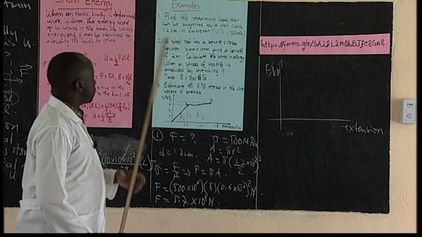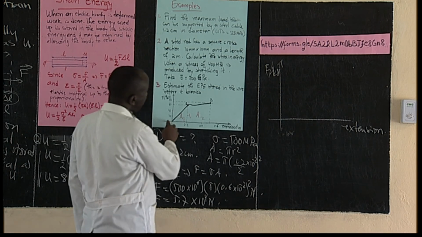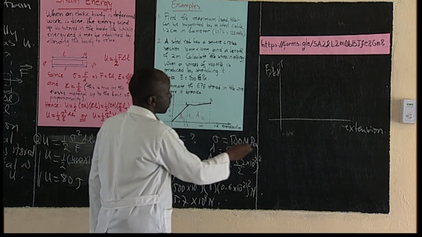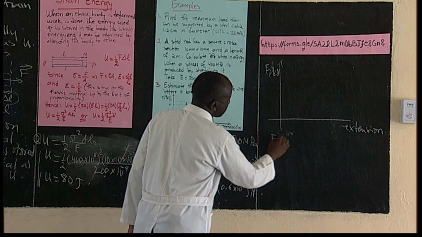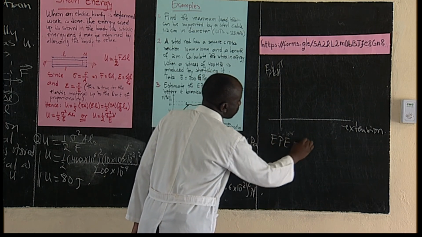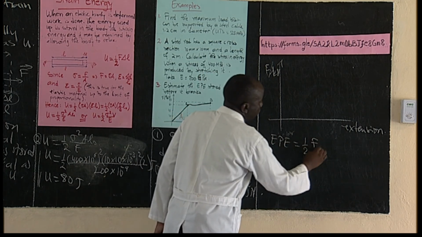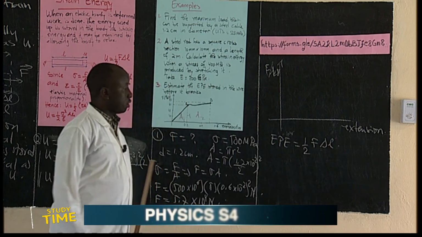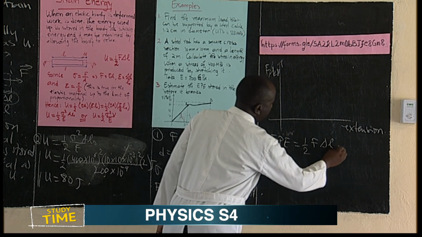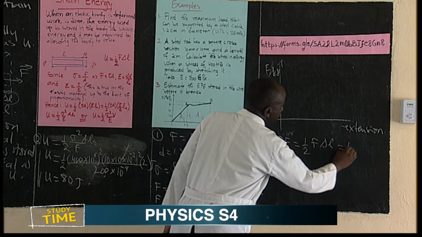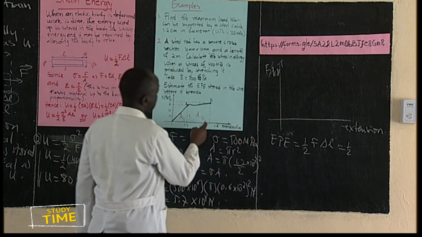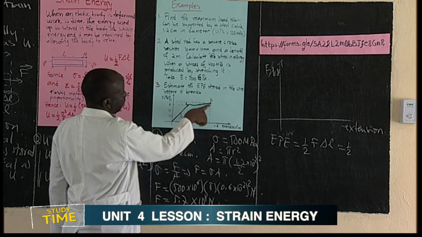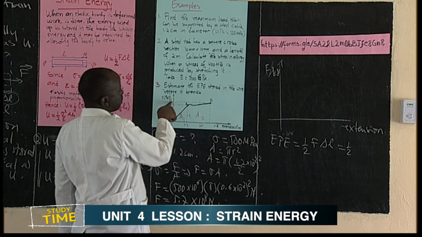But now, what do we need to find this elastic potential? Here, elastic potential energy equals 1 over 2 times F times the extension, let's say that is the DL. So here we have 1 over 2 times the force. You see, the force before it breaks is already here.